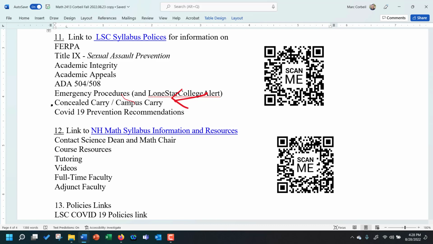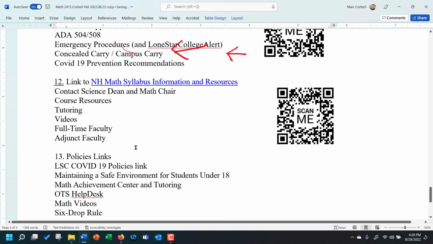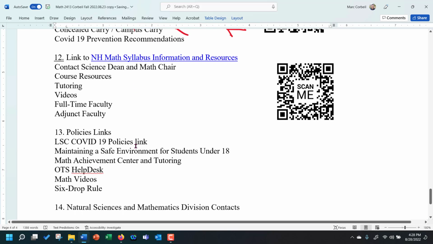So that would mean that you'd have to secure your firearm in your vehicle, and that has its own problems. You could easily have your firearm stolen from your vehicle because people can easily see when you do that as you arrive. So just keep that in mind. If you're going into a lab that day, that might be a day that you don't carry, so you're not leaving a weapon unauthorized in your vehicle and all of those things. So follow the laws, follow what your responsibilities are for those things.